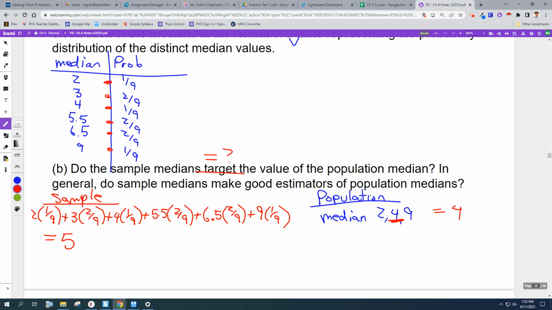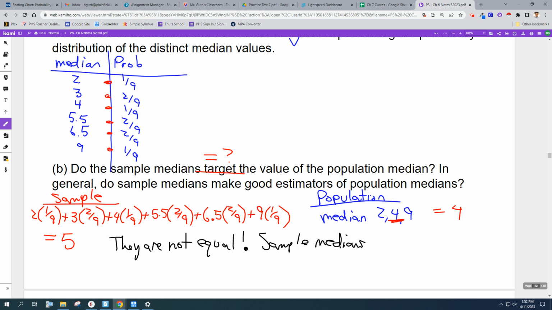I compare those two results and I see that they're not equal. That gives me 2 conclusions here. Sample medians don't target population medians.